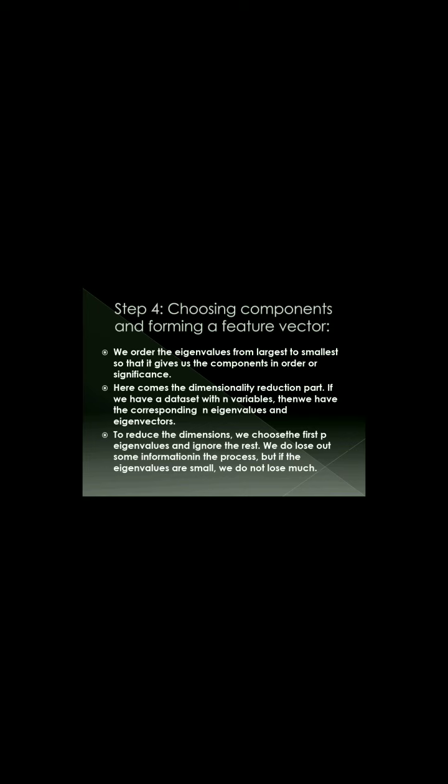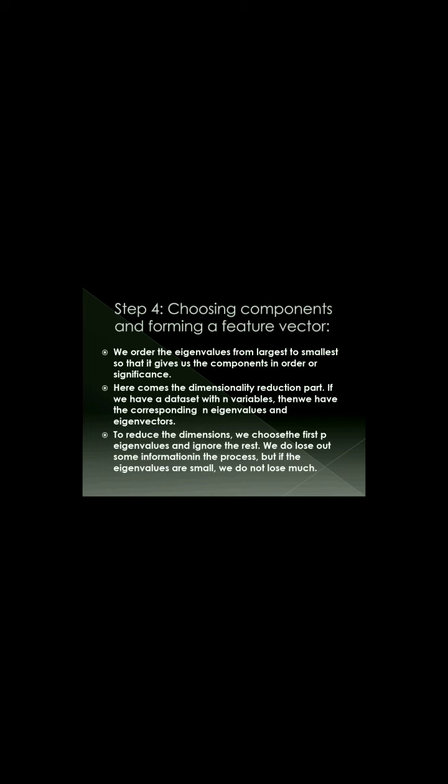Step 4: choosing components and forming a feature vector. We order the eigenvalues from largest to smallest so that it gives us the components in order of significance. If we have a dataset with n variables, then we have n corresponding eigenvalues and eigenvectors.